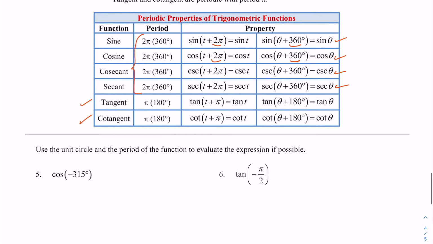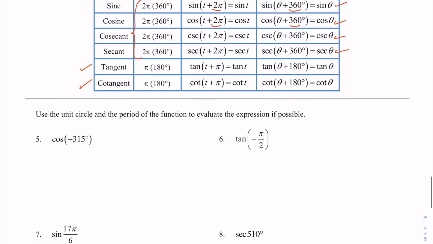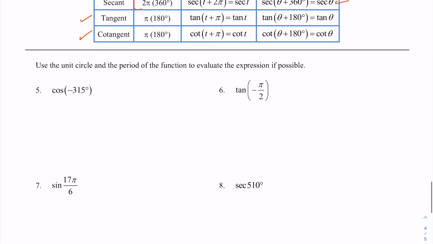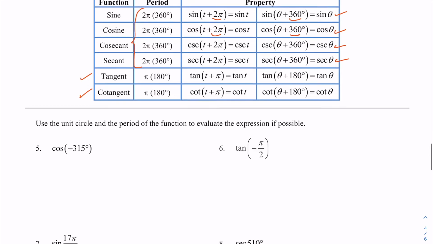Okay, let's go ahead and use the unit circle and the period of the function to evaluate these expressions in these next few examples. So in number 5, we're going to evaluate the cosine of negative 315 degrees. The period here is 2 pi or 360 degrees.